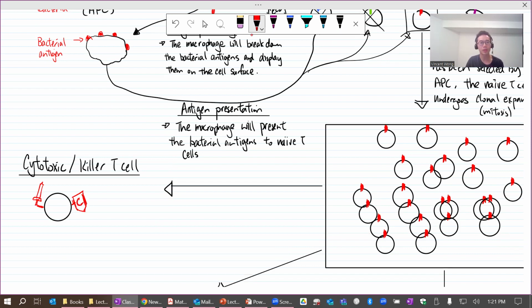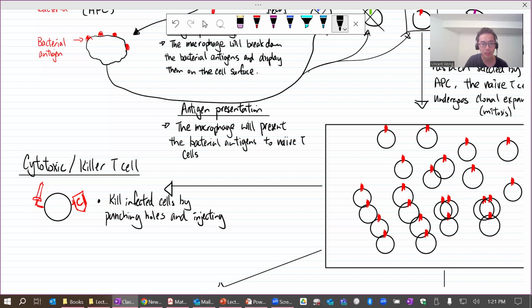So these are cytotoxic or killer T cells, and their job is to kill infected cells, by punching holes and injecting toxin into them.